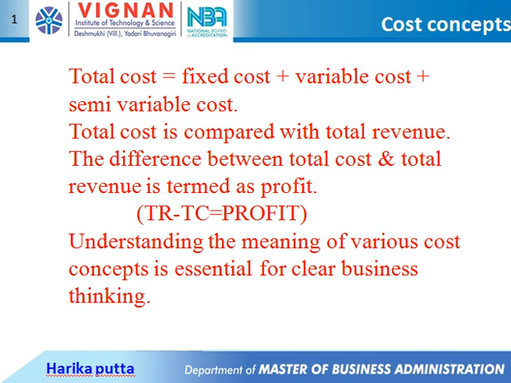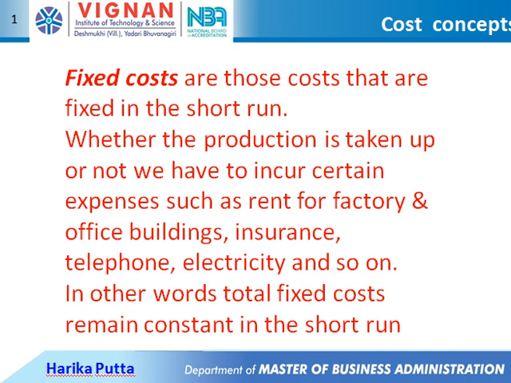It is semi-fixed cost. At a slab, the rate will be fixed to some extent, and it will change again when you go to the next slab, like your electricity bill. So, what is total cost? It is fixed cost plus variable cost plus semi-variable cost.